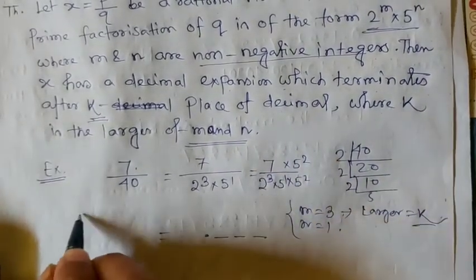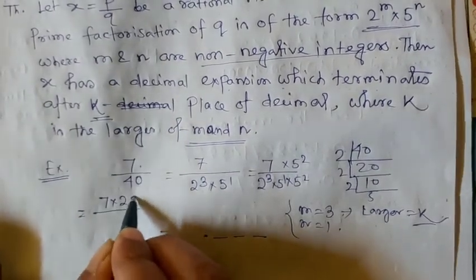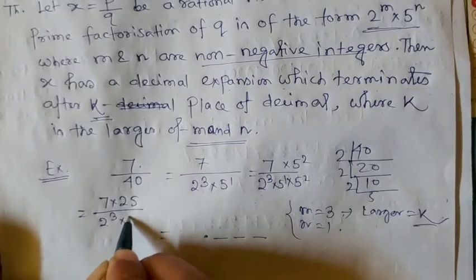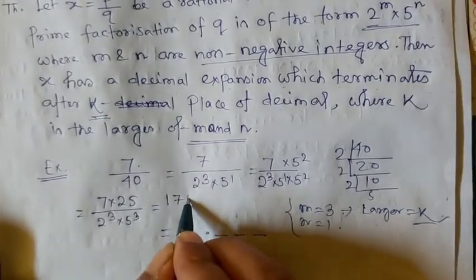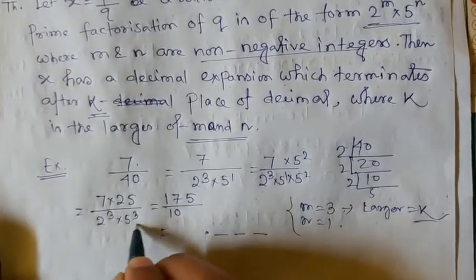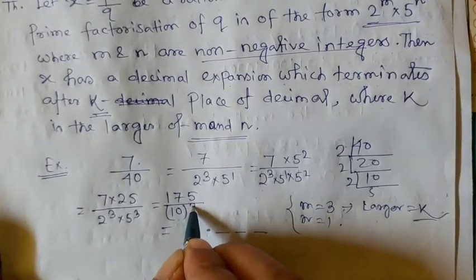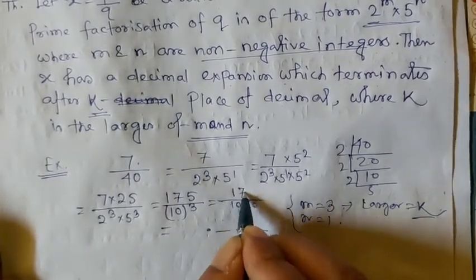Then this value is equal to 7 into 25 divided by 2 cube into 5 cube. So this is 25 into 7. That means this is 175 divided by 1000, or 2 into 5, that means 10 cube. That means this is 1000 and this is 175.